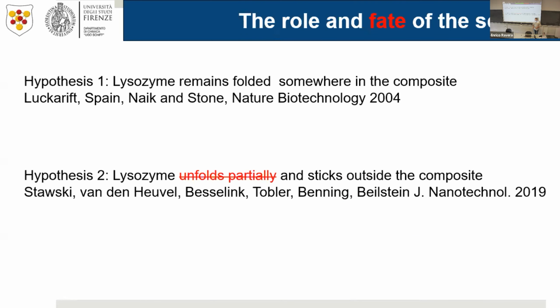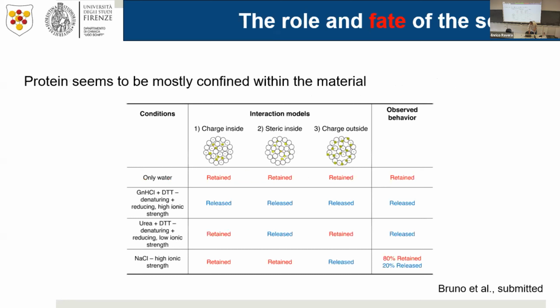So we can rule out the possibility that lysozyme partially unfolds. But still we are not sure of where lysozyme is. And so we made some tests. This is the only non-NMR thing that I will show today.